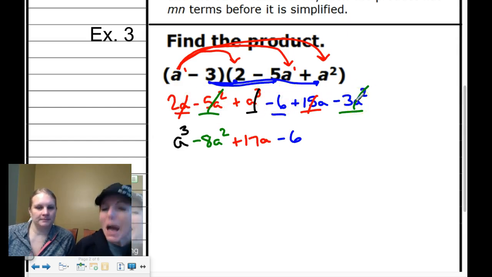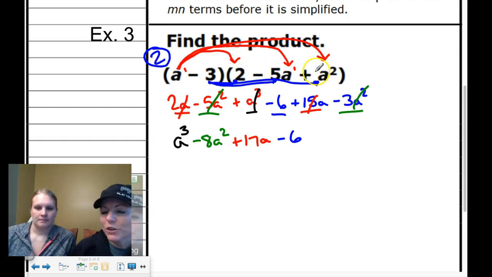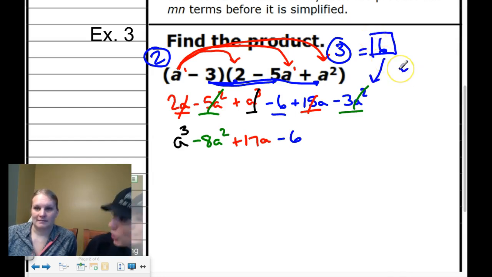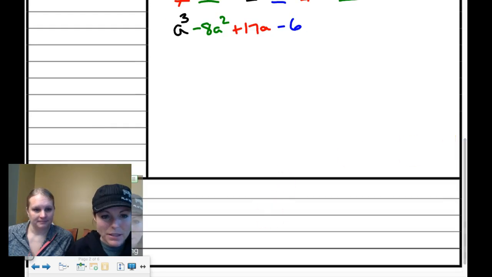Okay. How many terms are in our first polynomial? 2. Okay, so can you write 2 somewhere? And how many terms are in our second? 3. What is 2 times 3? 6. And how many terms do we have before we simplified? 6. That's a good check. Always will work. Good. So they always can check before they simplify. Okay, are we ready? All right, then let's go.